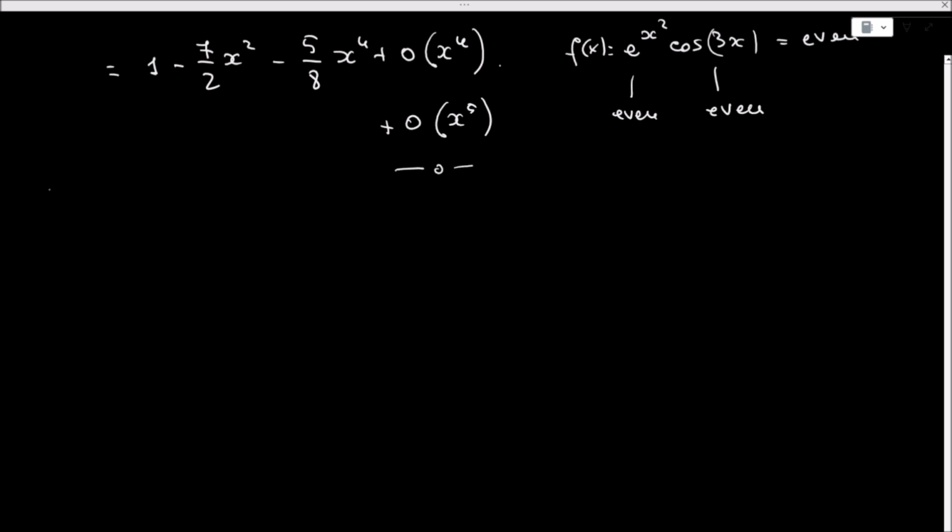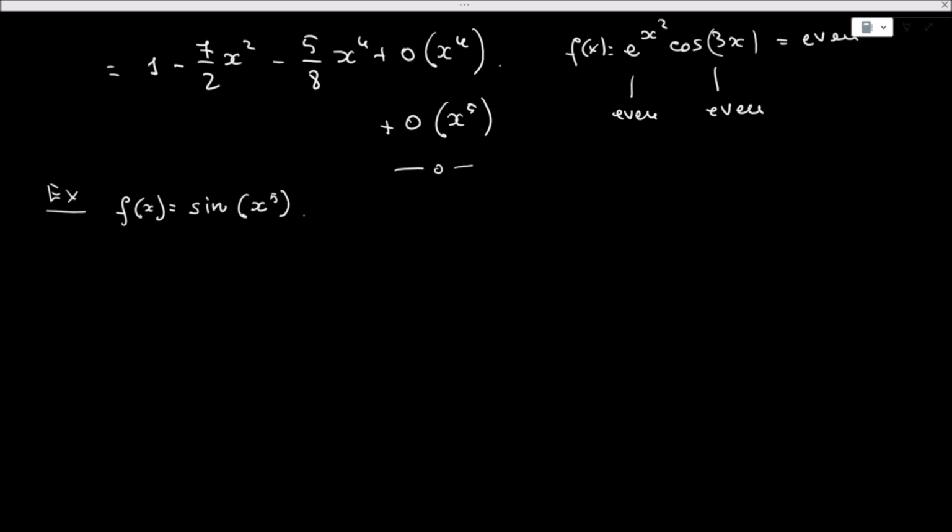For example, f of x equal to sine of x to the fifth, and we want to have an expansion up to n equal 15 around the origin.